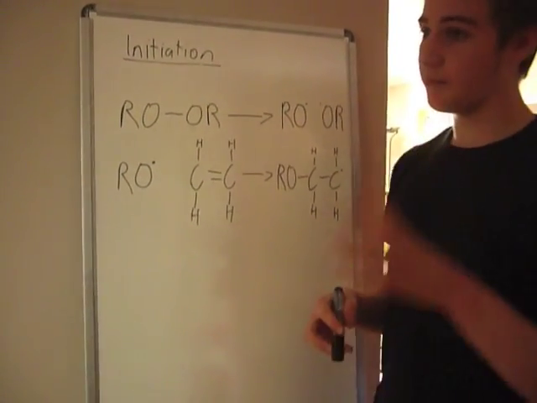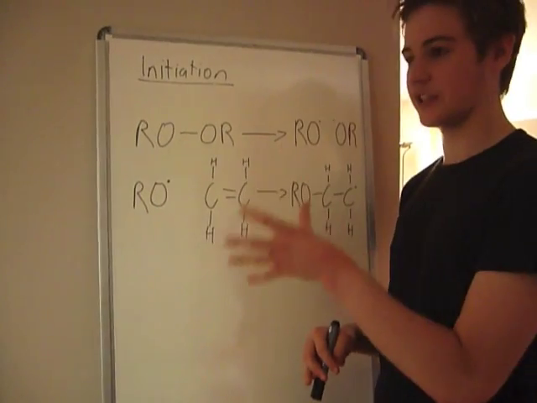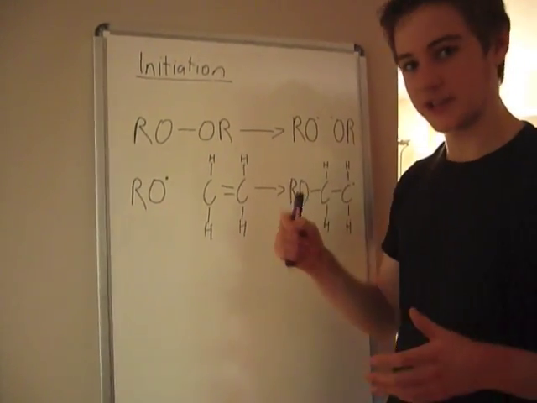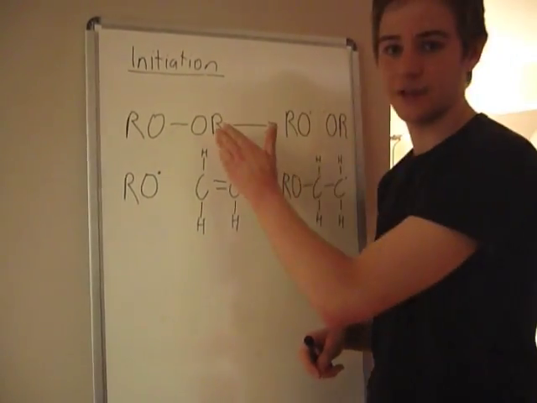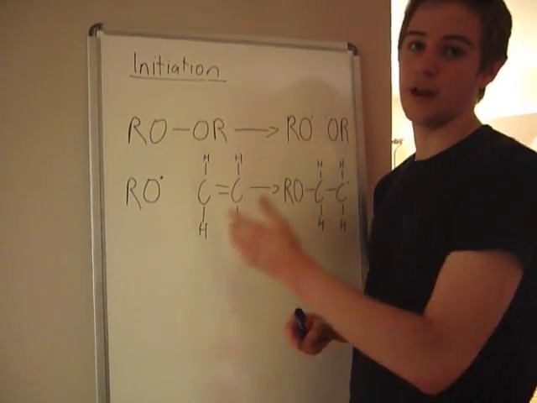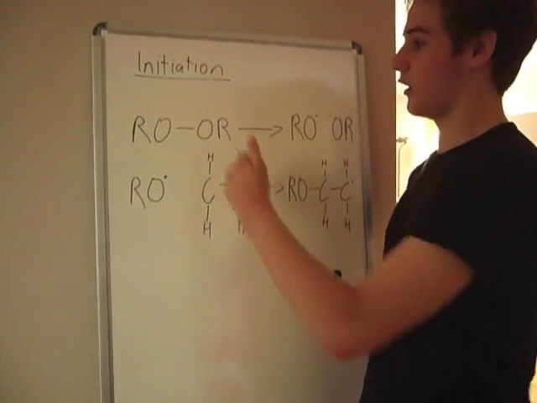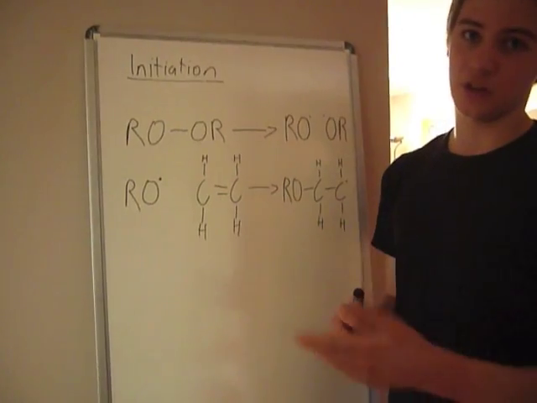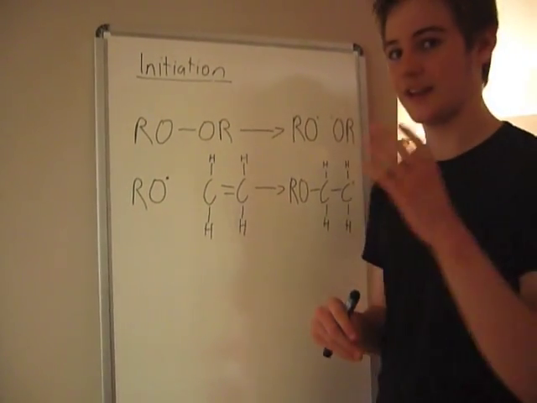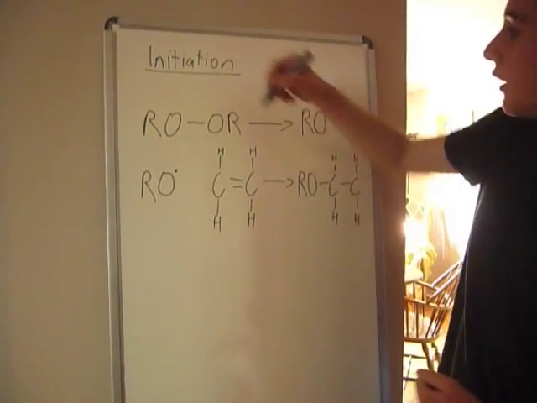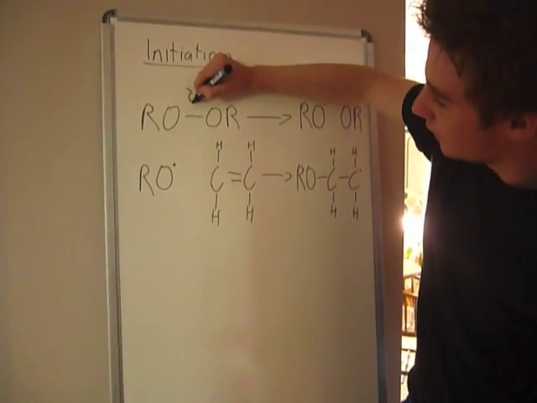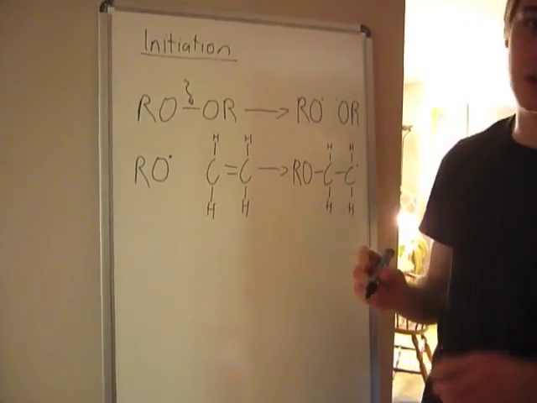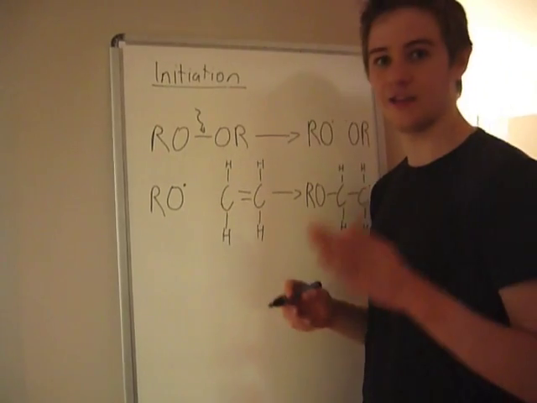However, in most cases, if we want to break this bond, the electrons will travel together and you get one negatively charged side of the molecule where the electrons have moved to, and one positively charged side of the molecule where the electrons are vacated. However, in this case we want to add some UV radiation or some heat which causes the bond to break in a slightly different way.